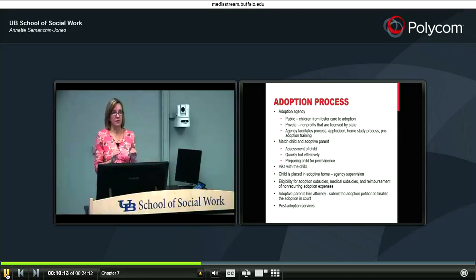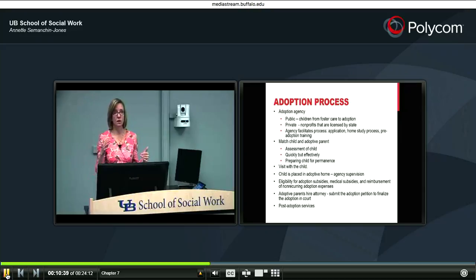There are also adoption subsidies for all children in the foster care system who would be eligible for adoption. These are subsidies to help the parents provide for the care of the child. There may also be additional medical subsidies or reimbursement for some expenses.